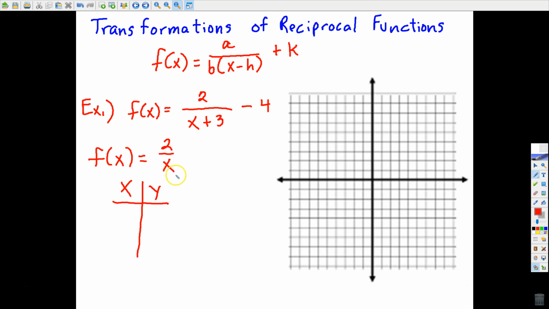Again, you cannot input 0, but we can input 1, output 2, we can input 2, output 1, 2 divided by 2 is 1. And basically, I try to choose numbers. The inputs really depend on what this numerator is. To me, it makes sense to do 4 because that's pretty easy to plot, 1/2.